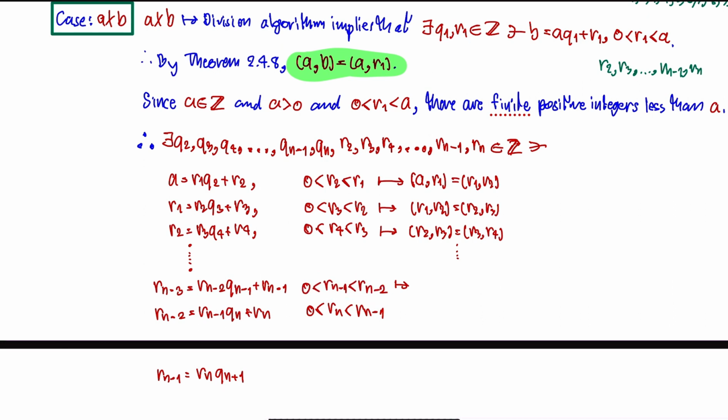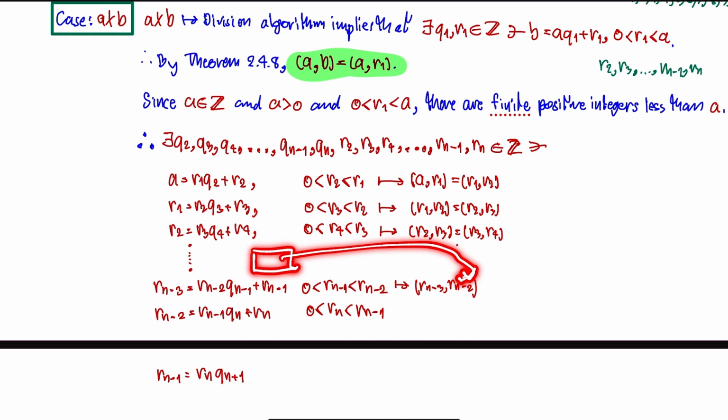Now, what can we do next? So from this equation here, we gotta have the greatest common divisor of, if you take a look at the pattern, Rn minus 3, Rn minus 2. Because we have the pattern right here, and according to the previous equation, we divide this number right here by Rn minus 3, right? And the divisor, and the remainder right here is Rn minus 2.